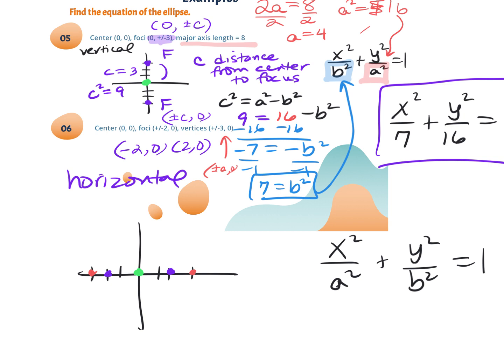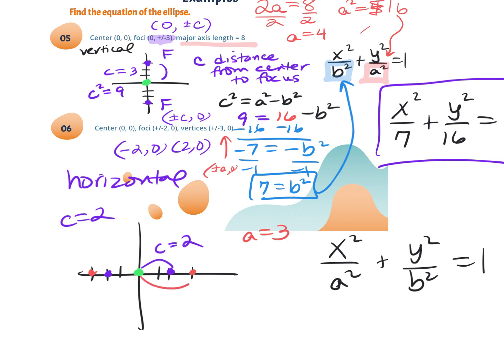So again, if you recognize that the a value is 3, just from the ordered pair, and the c value is 2, then you don't have to count how many spaces away it is. Remember, your c value is how far the focus is from the center, and it's 2 spaces away.